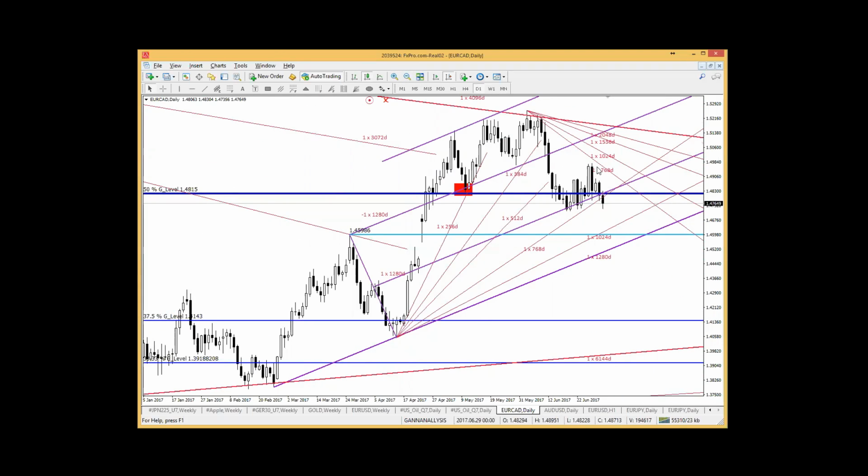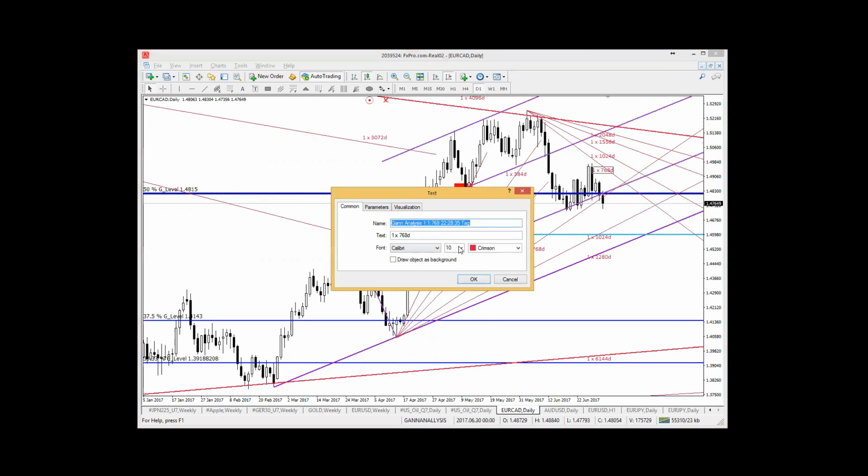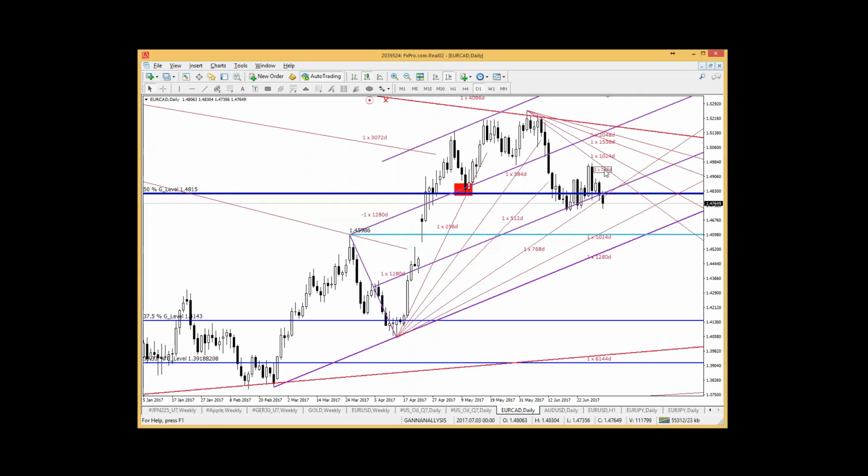So if I would like to short EURCAD, these are the angles that you should anticipate a retest. 768. All right, these are the angles that I should be watching: 768, 1024, 1536.